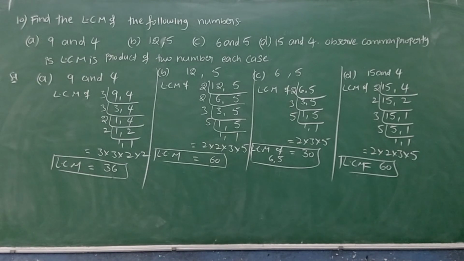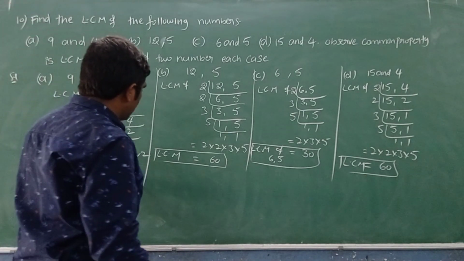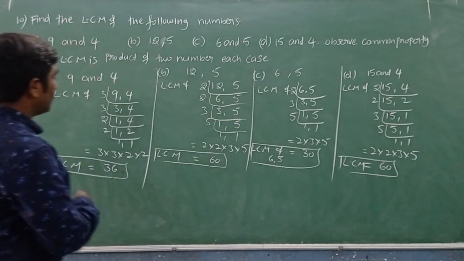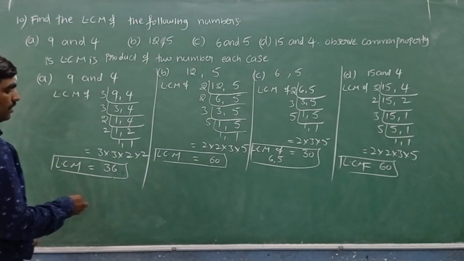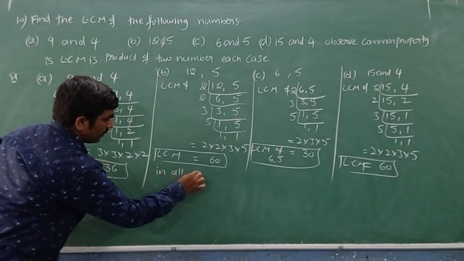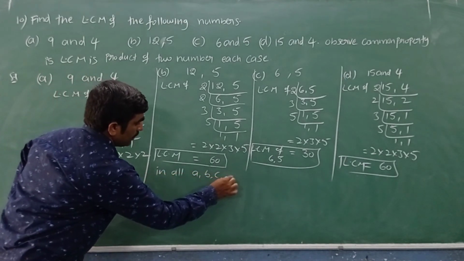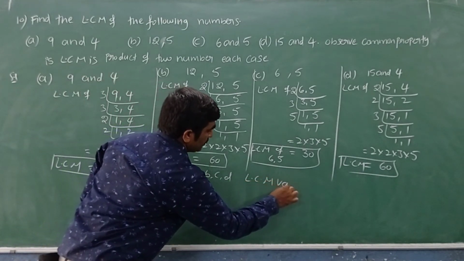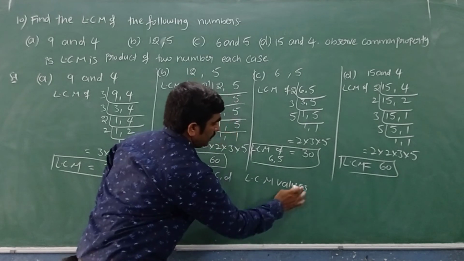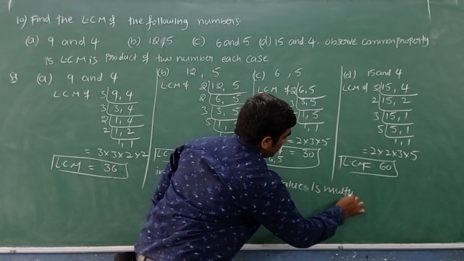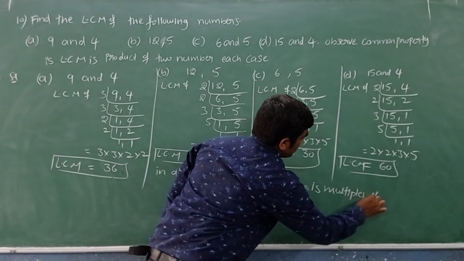What can we write? The LCM value in all the cases A, B, C, D is a multiple of 6.